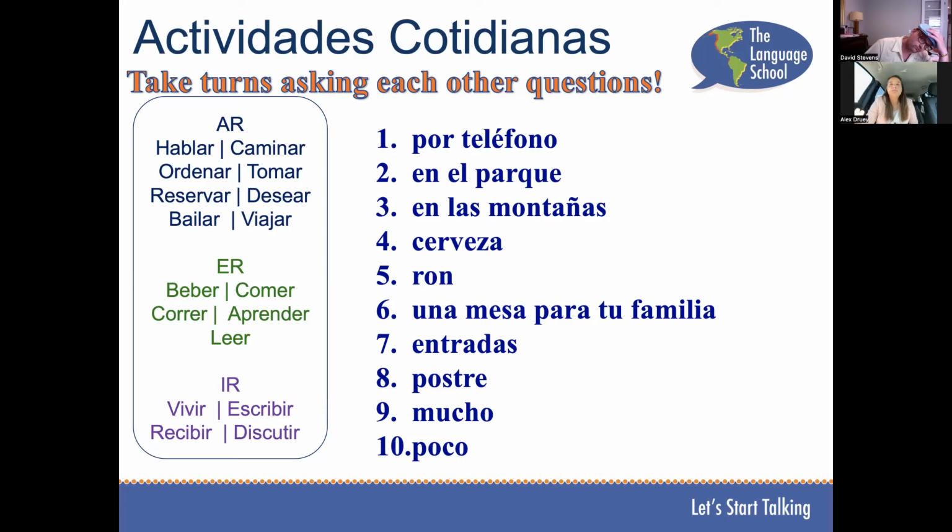Bebes. ¿Deseas cerveza? No deseo cerveza. ¿Ordenas ron? No ordeno ron.